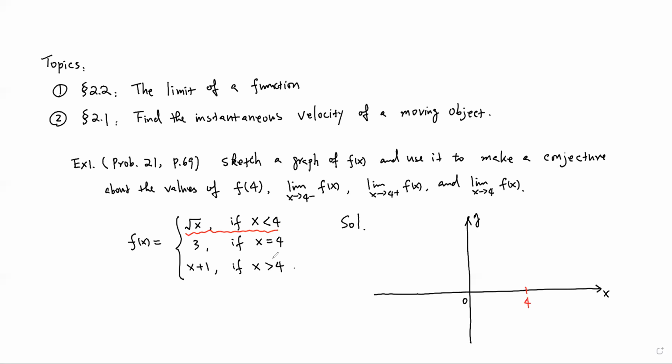So when x is less than 0, no function value, therefore no graph. So the graph of square root of x is between 0 and 4. When x is 0, square root of 0 is 0. When x is 4, square root of 4 is 2. So the graph looks like this.